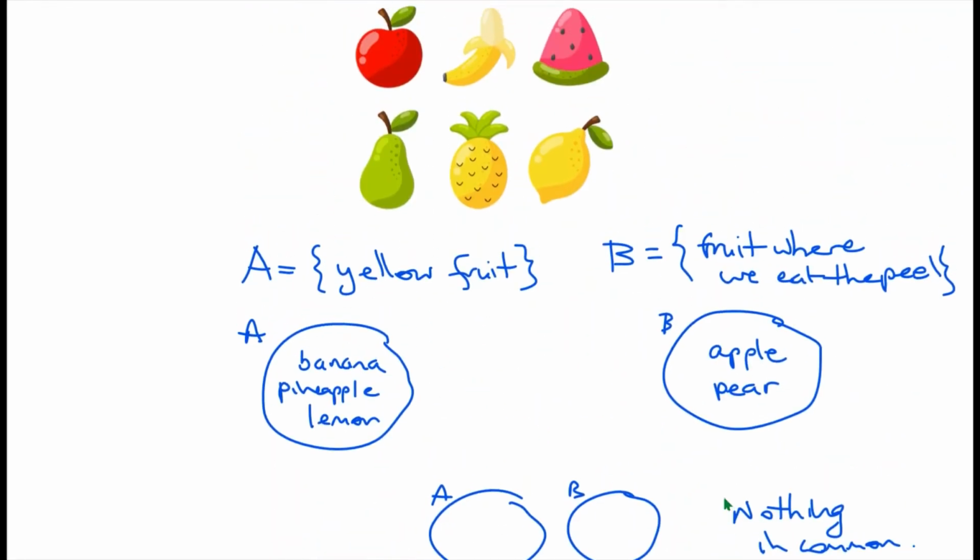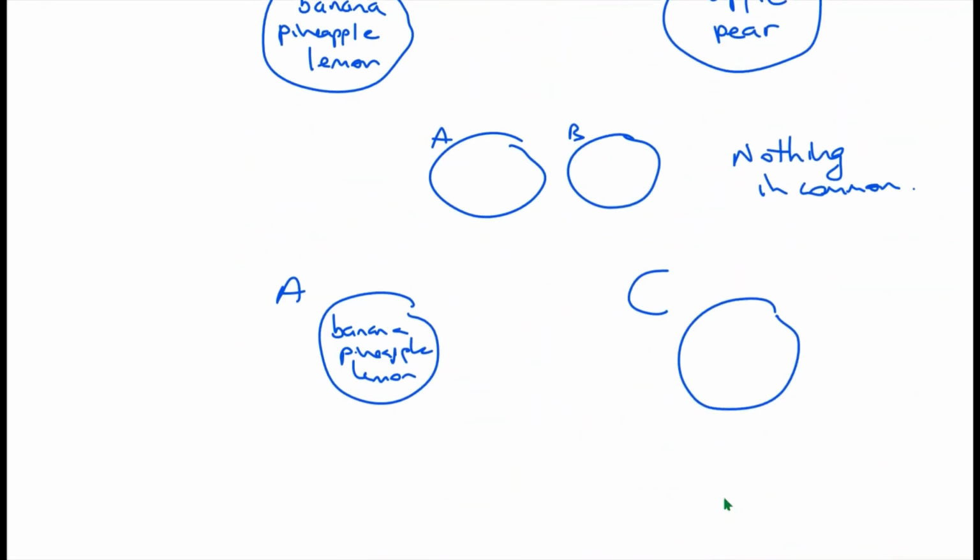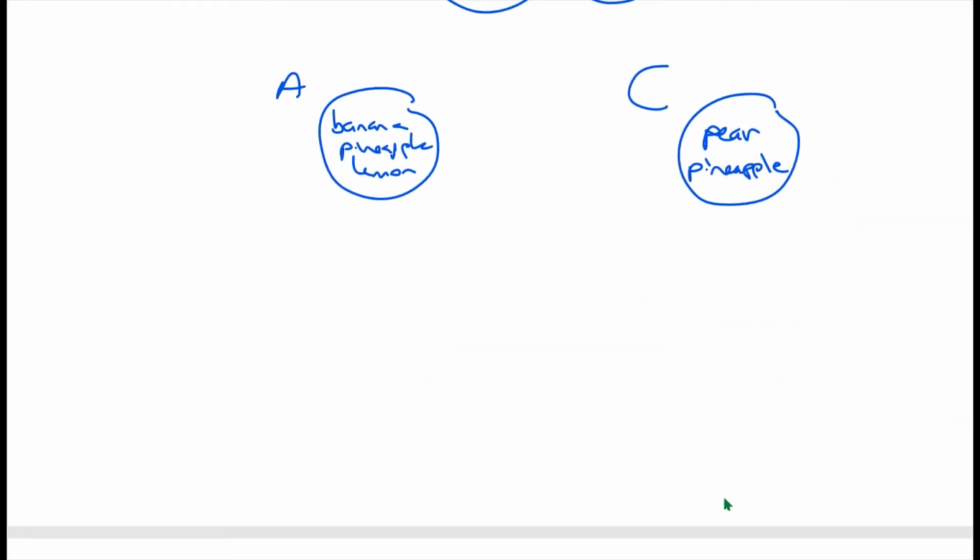They are pear and pineapple. They begin with the letter P. We can see that these two sets, A and C, actually have an element in common. They both have pineapple.